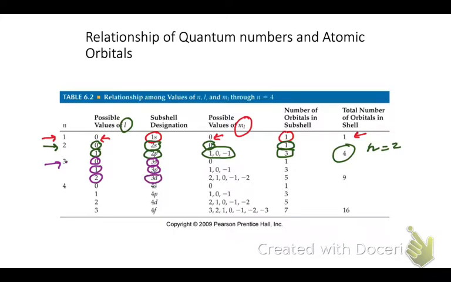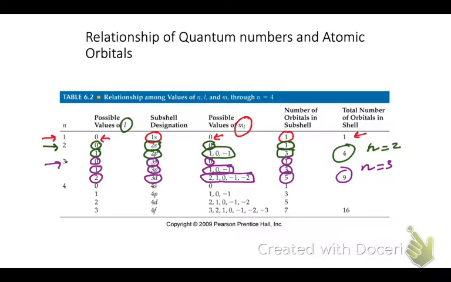For 3s, I only have one orientation, so one orbital. For p, I'm going to have 3 orientations, 3 orbitals. And for d, I'm going to have 5 values, which means 5 orientations and 5 orbitals. So when you count the number of orbitals for that level, it will be 9 when n equals 3.